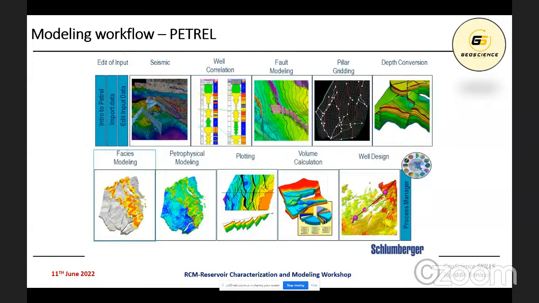It also supports reservoir property distribution in 3D, because what makes facies different is not only the characteristics in terms of thickness and pattern, in terms of relation to the adjacent up and down facies.